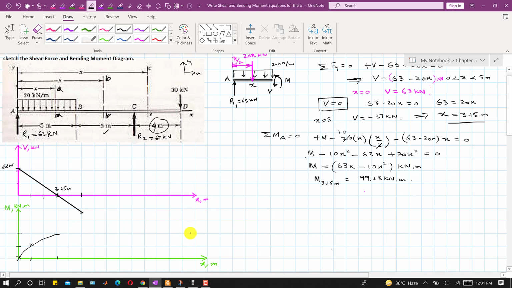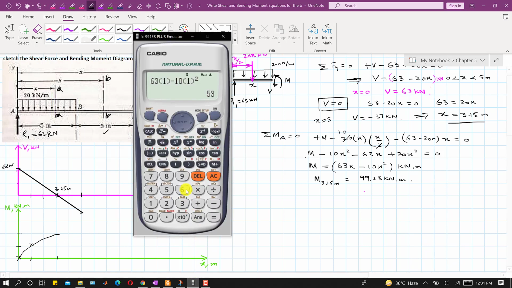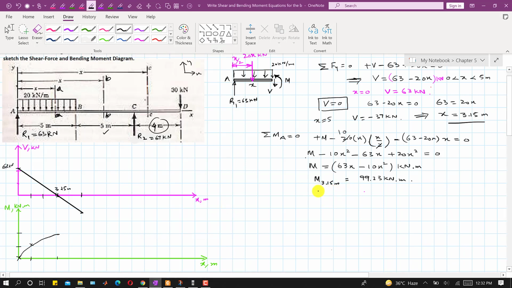And at x equal to 5, if I put x equals 5 in this equation, this is that moment equation from x equals 0 until x equals 5 meters. So we will have 65 kilonewton meter, right? So at x equal to 5 meters, the moment is equal to 65 kilonewton meter.